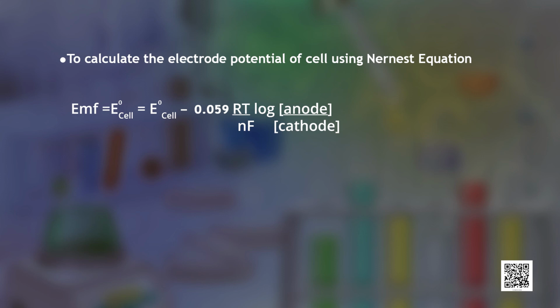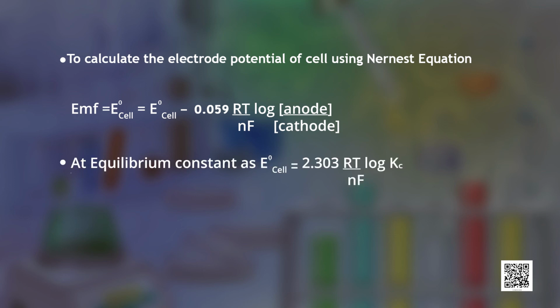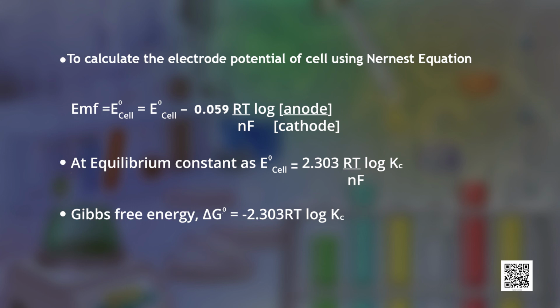We also learnt the way to calculate the electrode potential of the electrochemical cell using Nernst equation as EMF, E cell, is equal to E naught cell minus 0.059 upon n log concentration of ions at the anode upon concentration of the ions at the cathode, and then correlating this equation with equilibrium constant, as E naught cell is equal to 2.303 RT upon nF log Kc, and further extending it to delta G naught is equal to minus 2.303 RT log Kc.